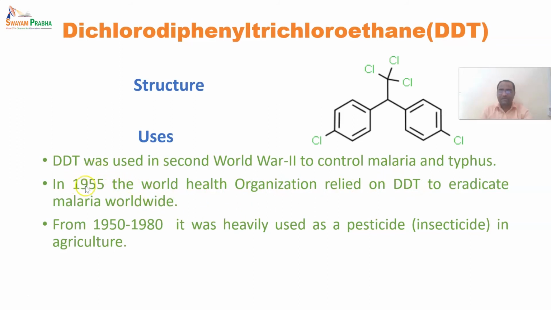That operation was carried out in 1955, and later on it was utilized as a pesticide, or we can say an insecticide, because it was used for pest control in the agriculture sector, and heavily utilized till the 1980s. Later on it was banned in many countries because it has many side effects.